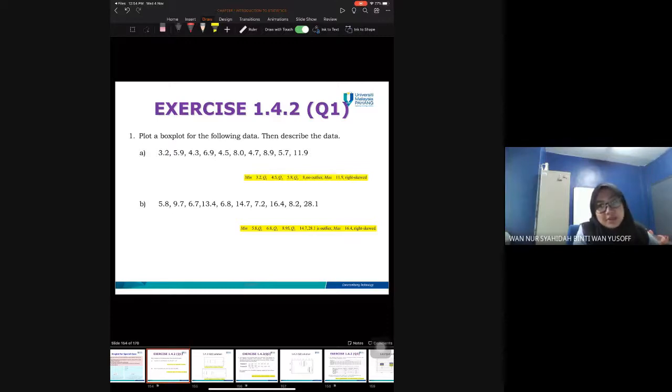Can I know how many of you still don't have the statistical table and formula? This one? How many of you still didn't buy this one? Because for quiz 2 we need to use this statistical table.